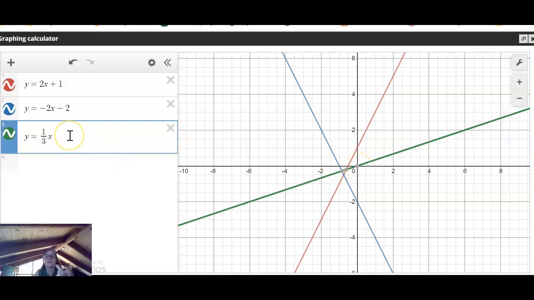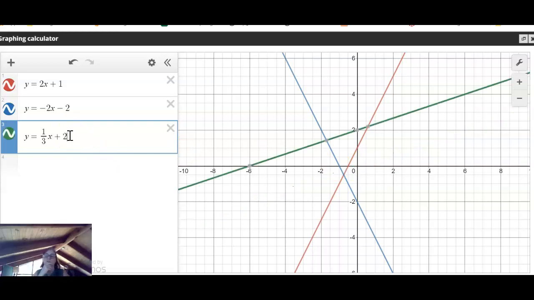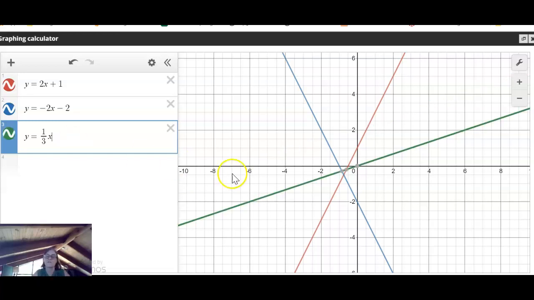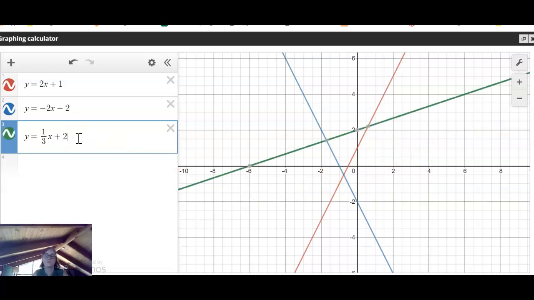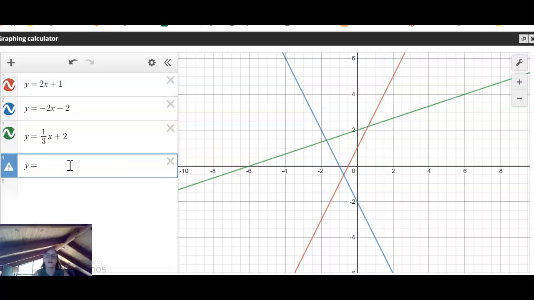But I said I wanted it to go through 2, so I'm just going to put plus 2. And so that just scooches it straight up. You could see it again. When I have nothing there, there's the line. And then when I add 2, it's got the same gradient, so it's the same slope, so it just scooches it up by 2. What if I wanted to move it down by 2, but still be parallel to that green line?